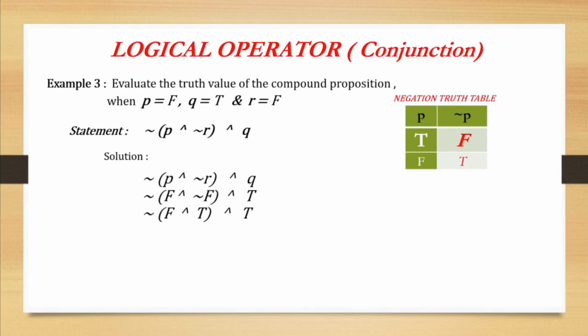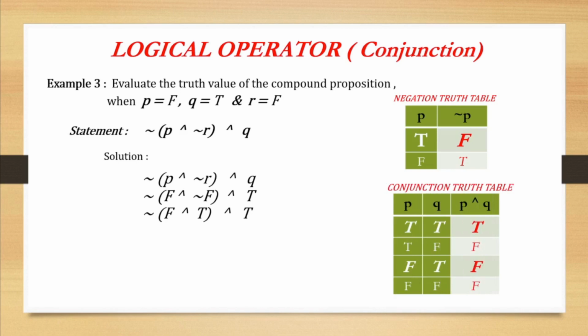Then we have to evaluate the conjunction statement inside the parenthesis, which is false and true. Based on the truth table for conjunction, when proposition P is false and proposition Q is true, the conjunction of P and Q is false.